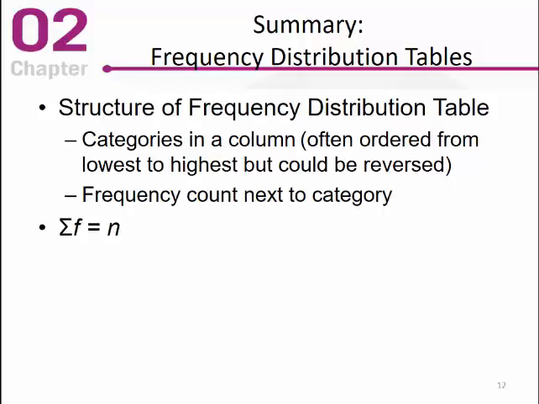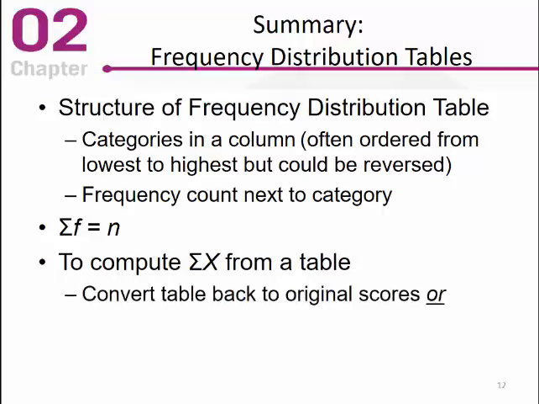The sum of the frequencies is the same as the number of people in a sample, the number of respondents. To compute the sum of x from a table, you either have to convert the table back to original scores, or you have to compute the sum of f times x.